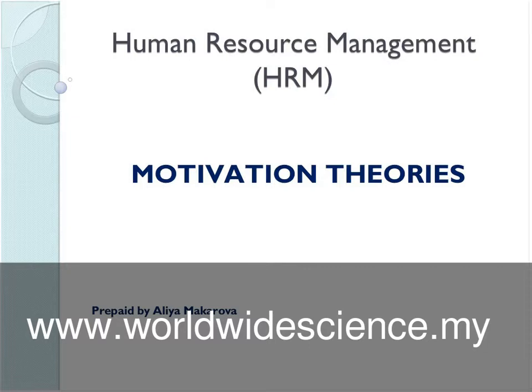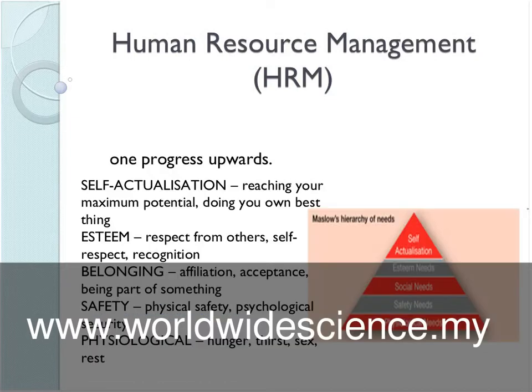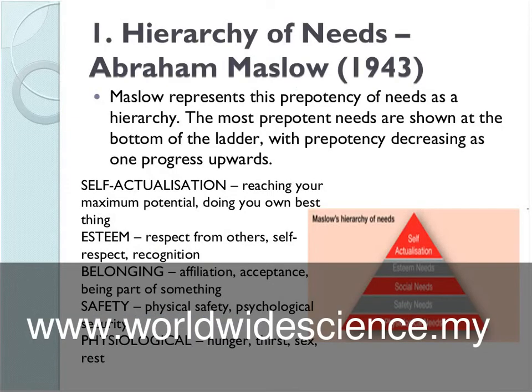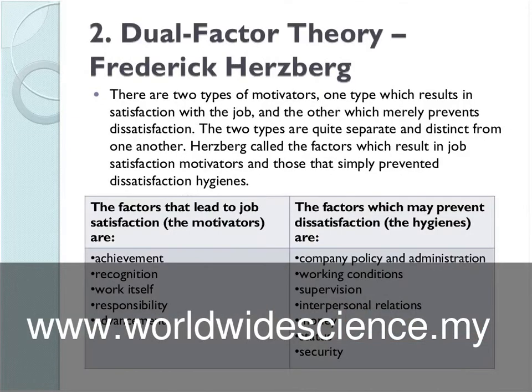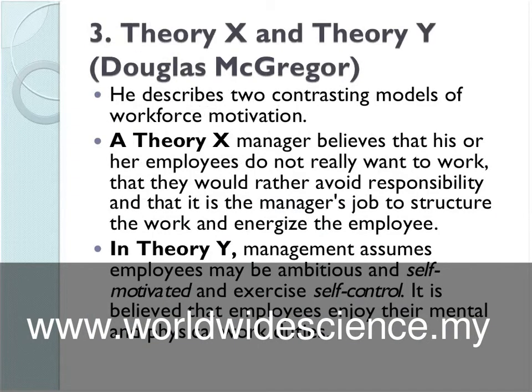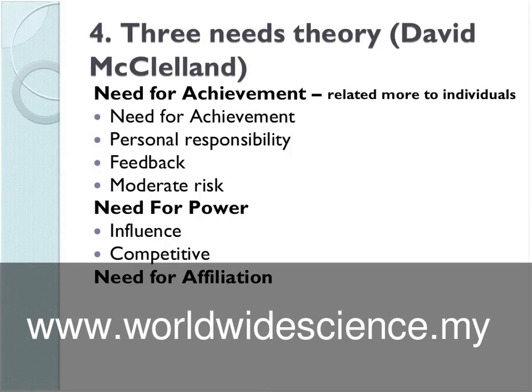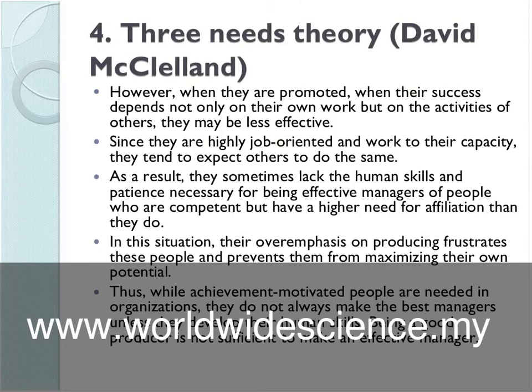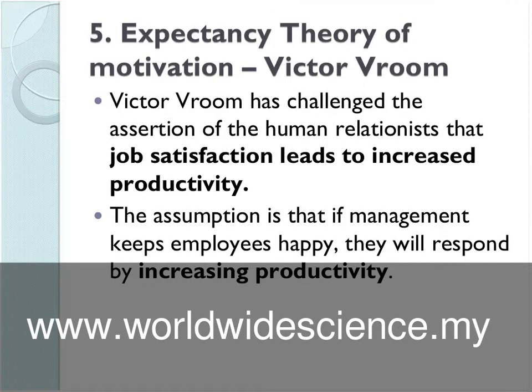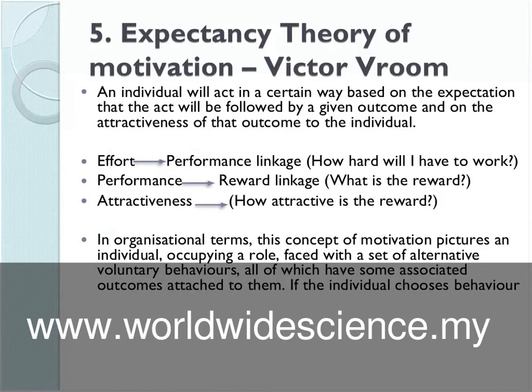So let's see, we have the motivation theories. Do you remember the hierarchy of needs theory, Abraham Maslow? We have the dual factor theory written by Frederick Herzberg. We have theory X and theory Y. And the three needs theory by David McClelland. The fifth is the expectancy theory of motivation, Victor Vroom.